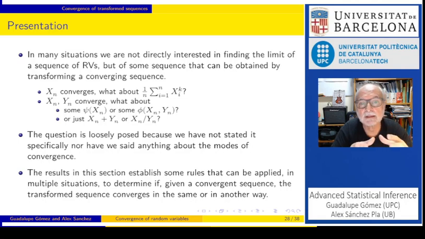Notice that I am not saying convergence in probability or in law, because the idea is: does convergence of random variables maintain under any transformation and any operation between random variables? The answer is that not necessarily, but in many cases yes.